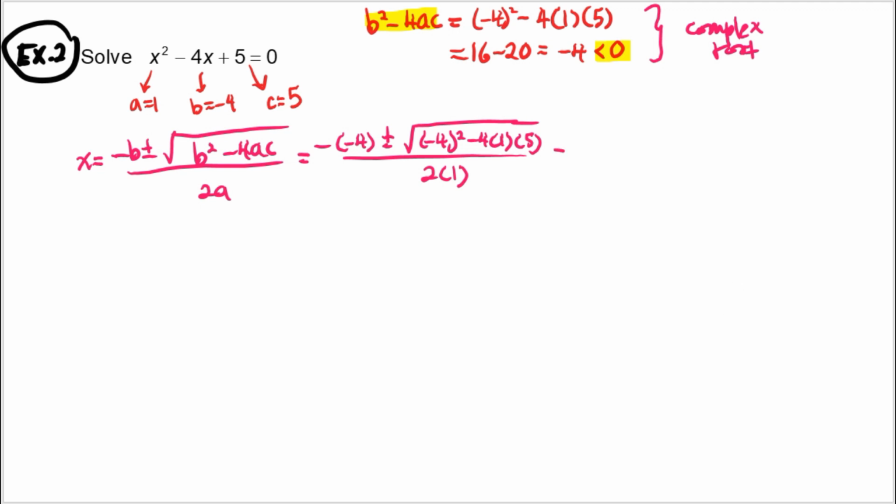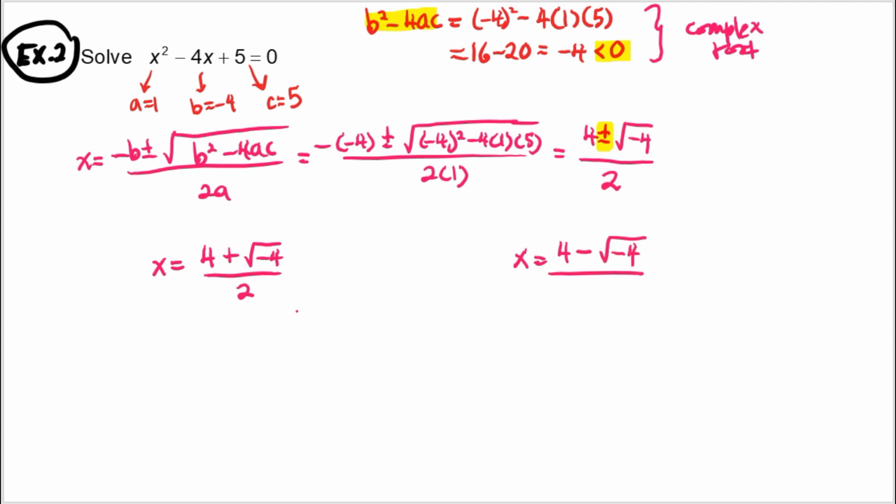So we simplify this one. We will have something like positive 4 plus minus square root of negative 4 divided by 2. Now, I want to break this into two parts because we have a plus minus here. So the first case, we consider the positive part, which is 4 plus square root of negative 4 divided by 2. In the second case, we'll have 4 minus square root of negative 4 divided by 2.